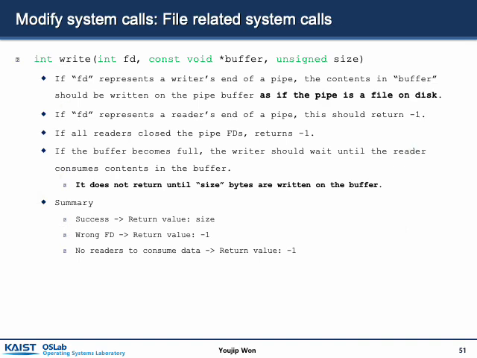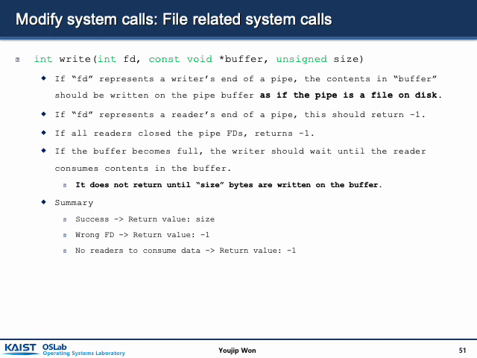So your write system call should consider the pipe file case, and here is the requirement. If the file descriptor fd represents the write end of the pipe, the contents in the buffer should be written to the pipe buffer as if the pipe is a file on disk. If fd represents the reader's end of a pipe, this should return -1.